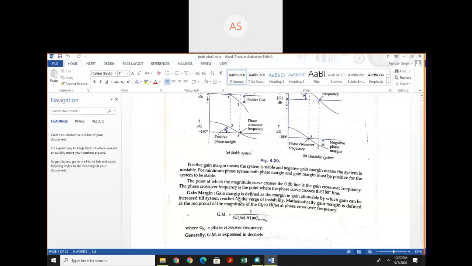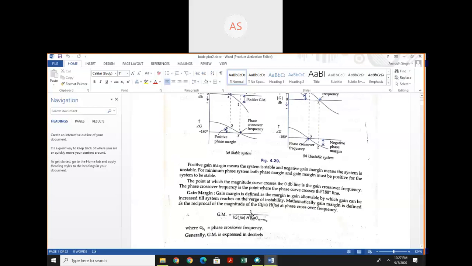Gain margin is defined as the margin in the gain by which the gain can be increased until the system reaches the verge of instability. Mathematically, gain margin is defined as the reciprocal of the magnitude of G(jω)H(jω) at the phase crossover frequency.